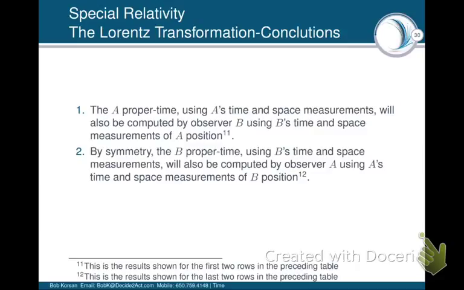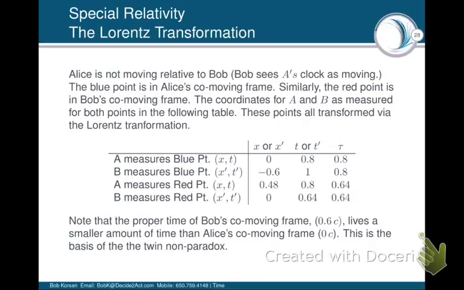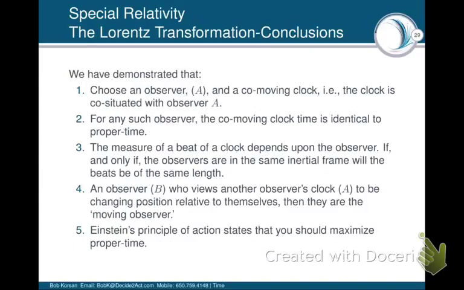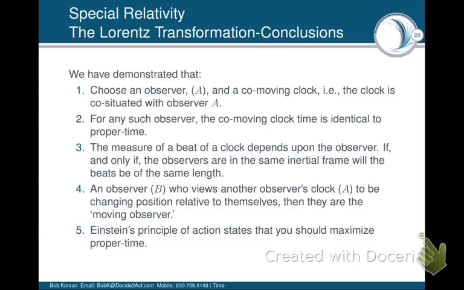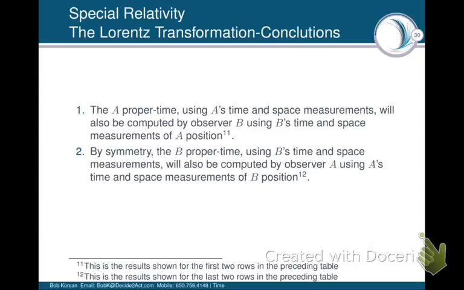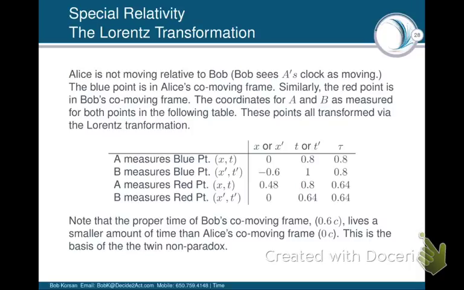So if we go back to the table a few back, we see Alice has 0 position, 0 position and time 0.8, that is exactly the same as the proper time.